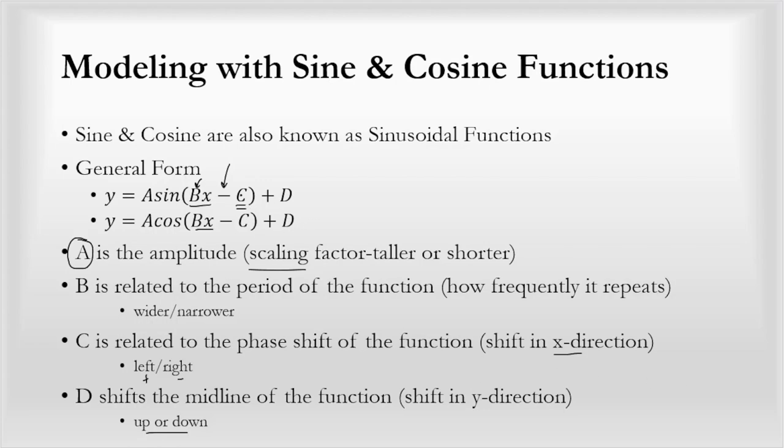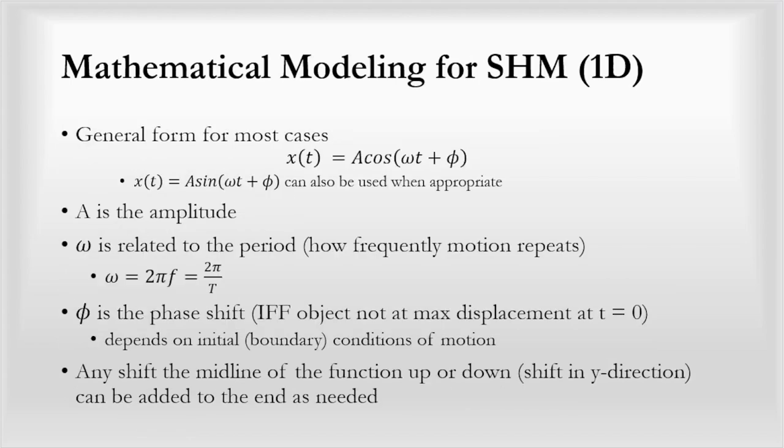So this is a reminder of how to use sine and cosine functions from pre-calculus in order to model sinusoidal behavior. When we look at simple harmonic motion, we simplify this down, and most texts start with a cosine function. I am going to tell you that you can use a sine or a cosine. A sine or a cosine will work, especially if you choose the right phase angle, right?